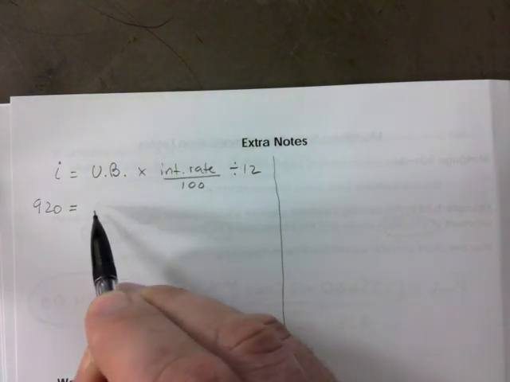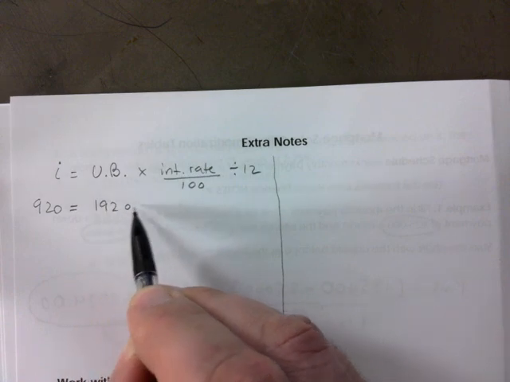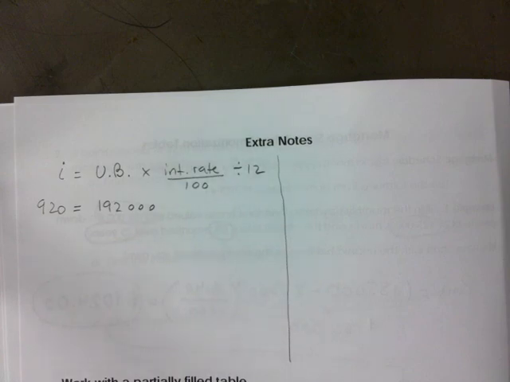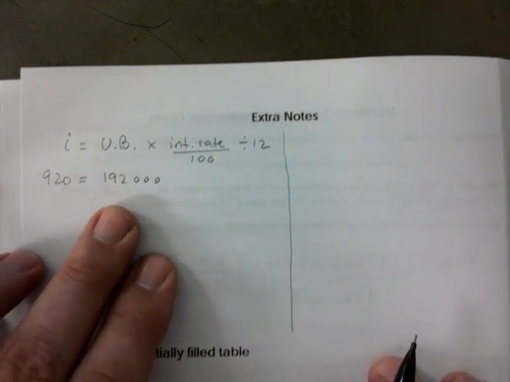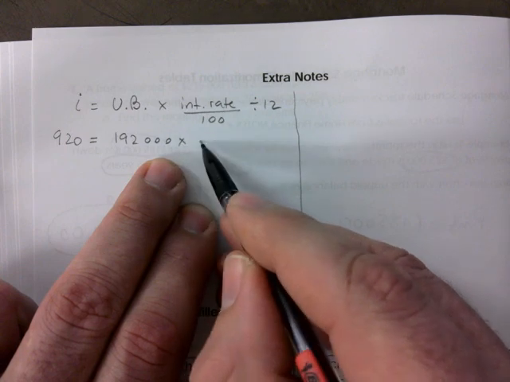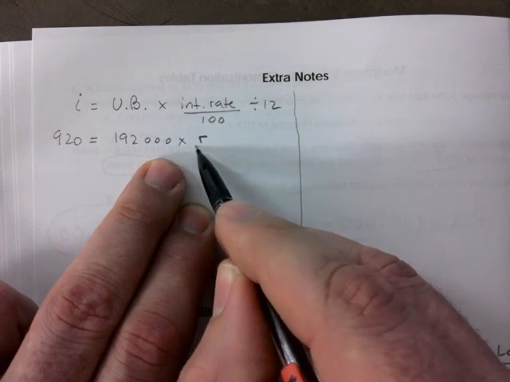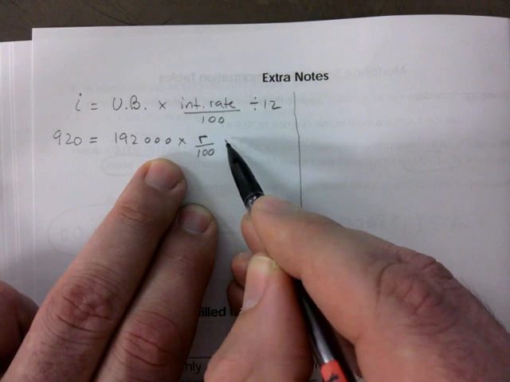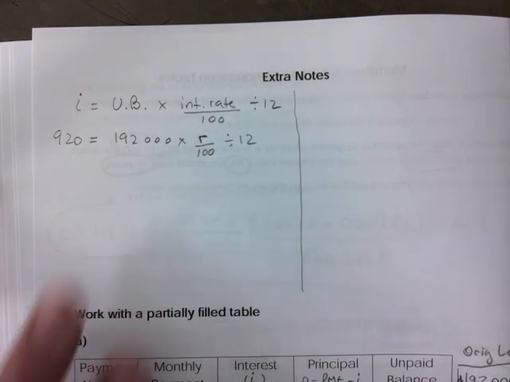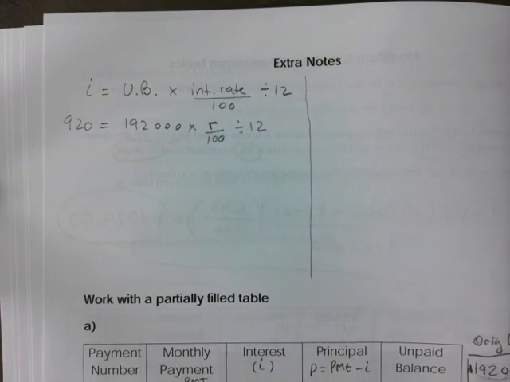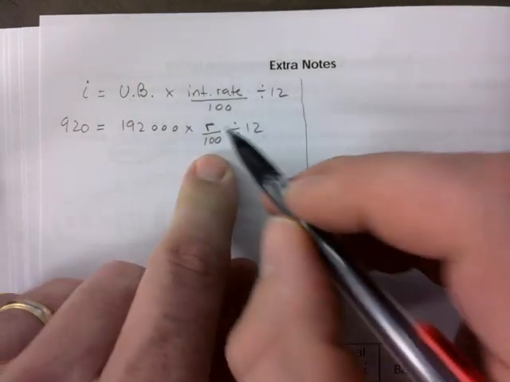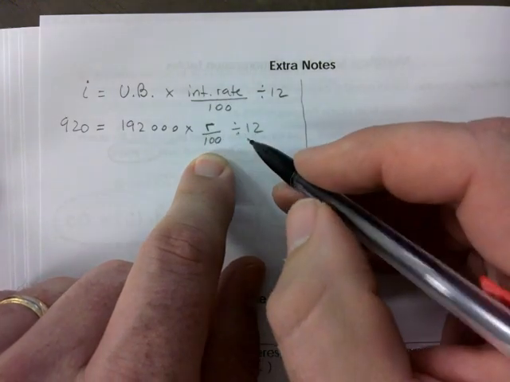My unpaid balance is the 192,000. I'm going to call the interest rate just R, and I'm going to divide that by 100, and all of that is divided by 12. So now I work backwards. I want to get R all on its own.